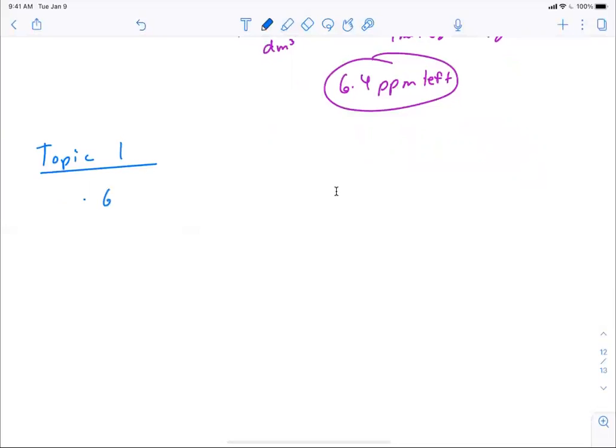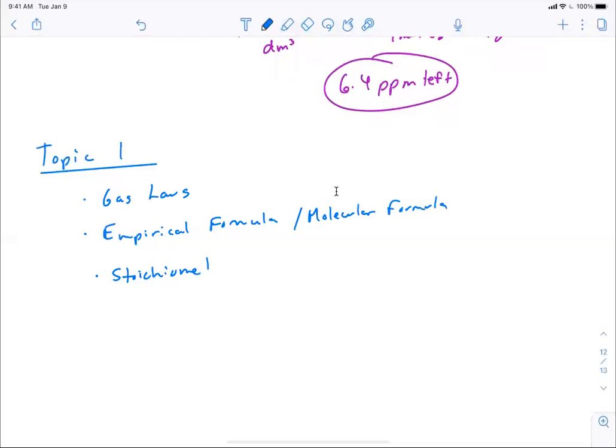I would say there's gas laws, empirical formula, molecular formula, stoichiometry, which includes percent yield, and limiting reactant. You could put limiting reactant in stoichiometry, but I'm going to keep it separate because I want to address one thing about that.